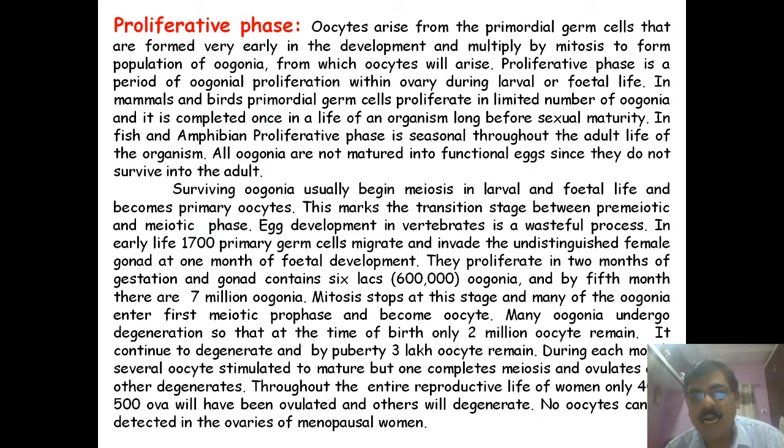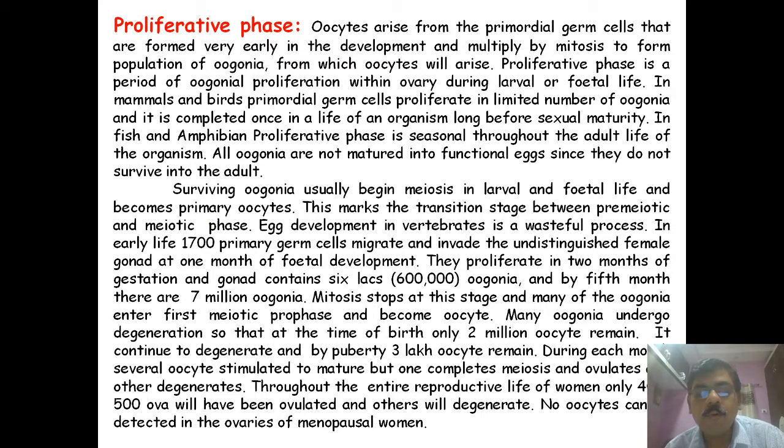Mitosis stops at this stage, and many of the oogonia enter the first meiotic prophase and become oocytes. Many oogonia undergo degeneration, so that at the time of birth only 2 million oocytes remain.